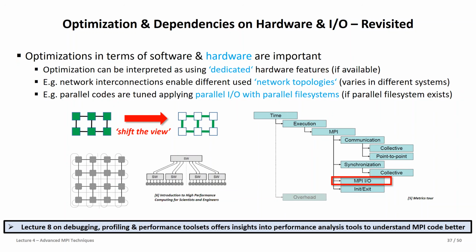When we talk about MPI, we also talk about the hardware we discussed. So how high-performant are we talking about? So the network topologies maybe play a role in the first place when you go from a core to an IO node, or if you go from a core to enable this MPI-IO. And this is really the third part that I wanted to leave you here as part of the MPI advanced techniques.